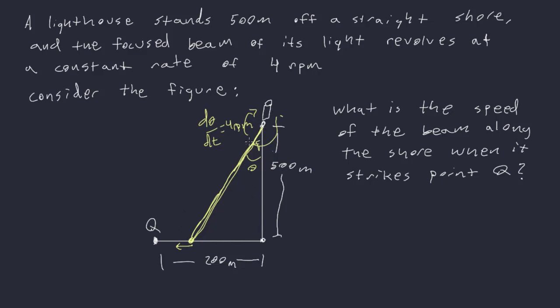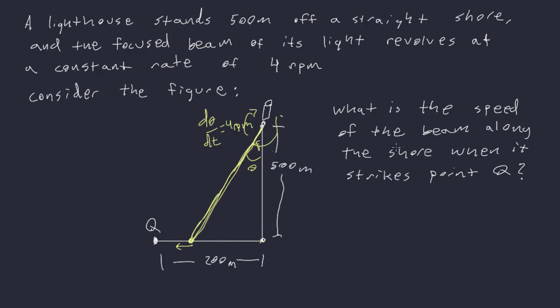Now while that is happening, the light is moving along the shore. What we want to know is we have this point Q, which is 200 meters away from the parallel distance or perpendicular distance to the lighthouse.